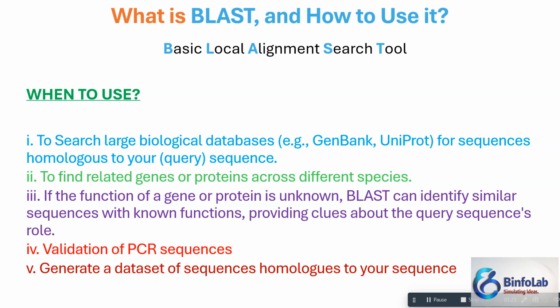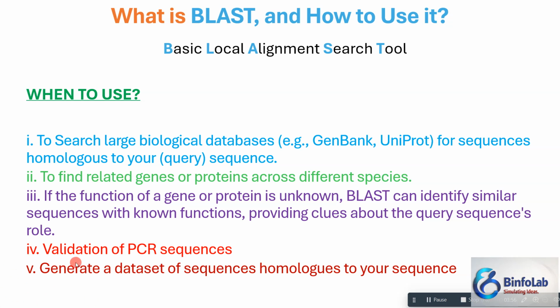Let's suppose you have your gene or the amino acid sequence of a protein, but the function is unknown. Then BLAST can identify similar sequences with known functions and it will give you a clue about what kind of role your sequence is expected to perform.